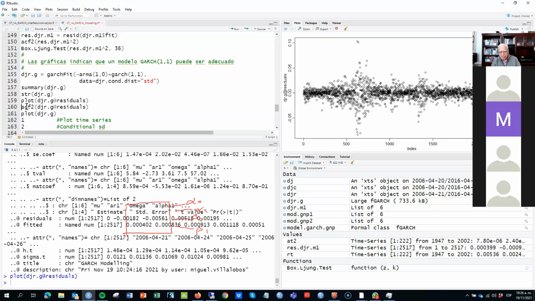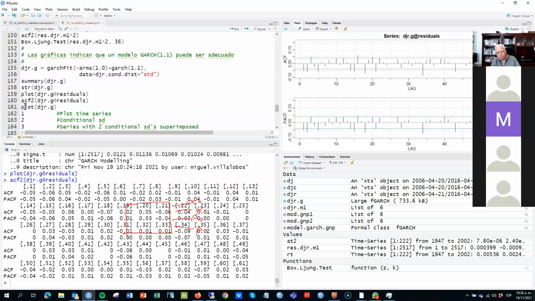Okay. So we can observe that in these residuals, we still have high variability here, high variability there, and so on. And we'll look at the ACF and PACF of the residuals. The ACF and the PACF of these residuals, there's no very strong pattern here.